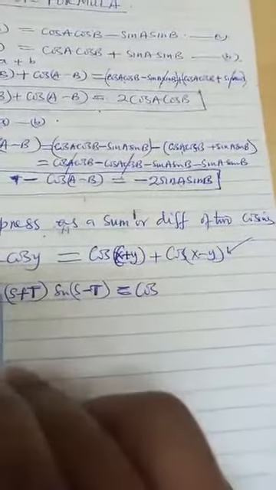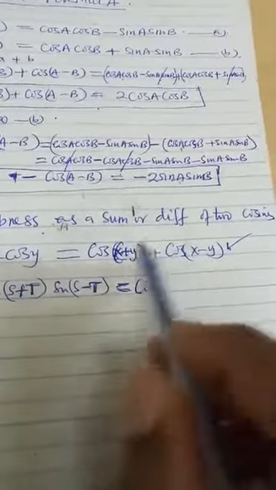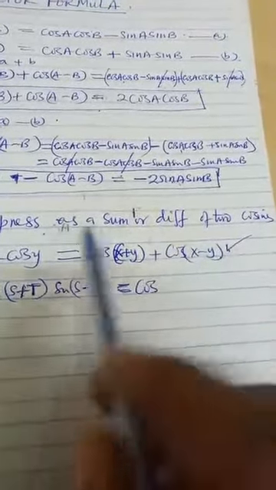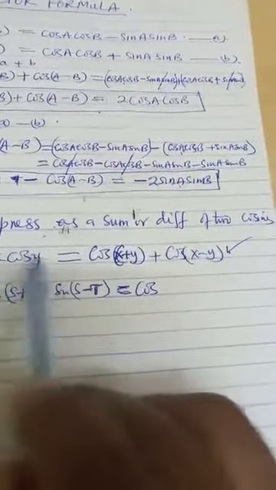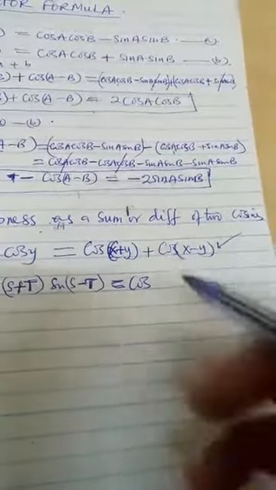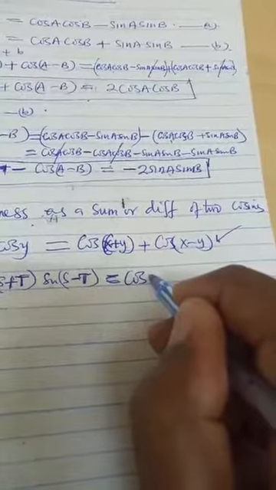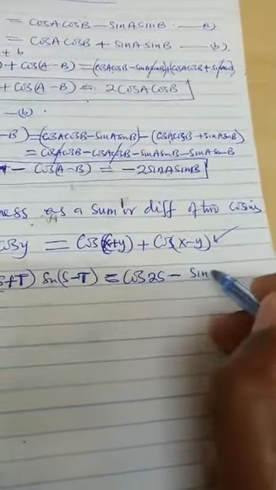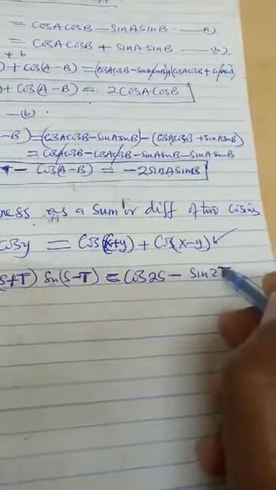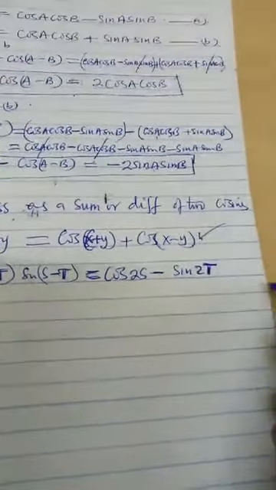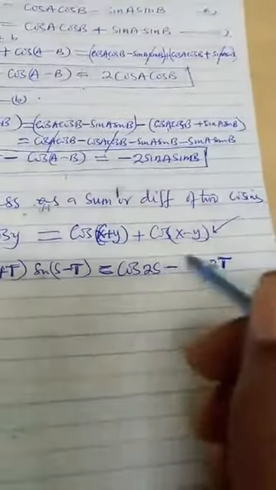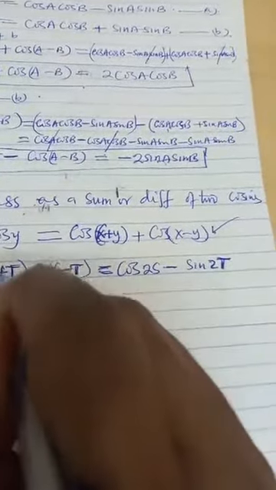This is x, this is y. But here we are saying x plus y and x minus y. So if this is this, you add these 2. When we add, it means it is the same as the cos of 2s minus the cos of 2t.